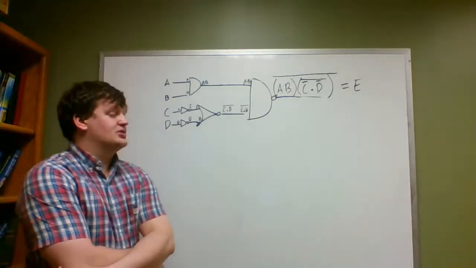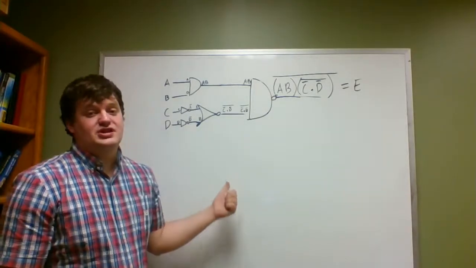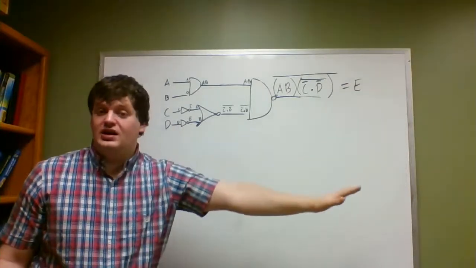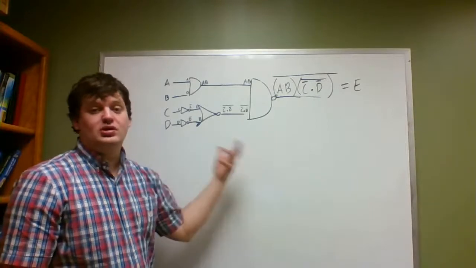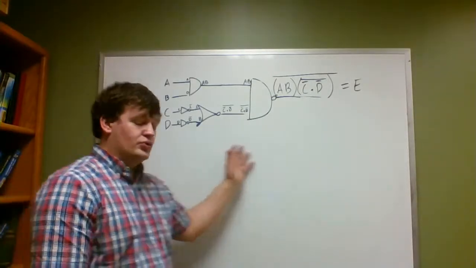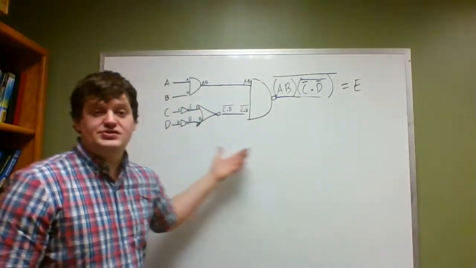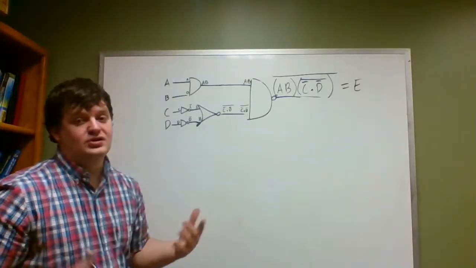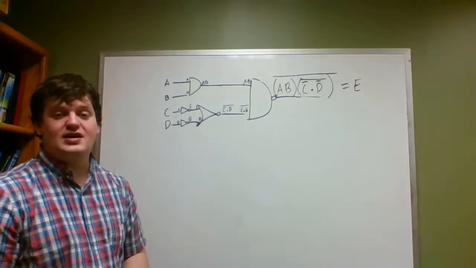You've got to understand Boolean algebra and how it turns into logic gates. How we can pull logic gate systems out of a Boolean algebra statement, or how we can pull a Boolean algebra statement out of a series of logic gates. And being able to combine those two is a good endeavor.